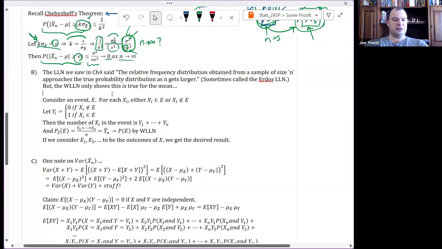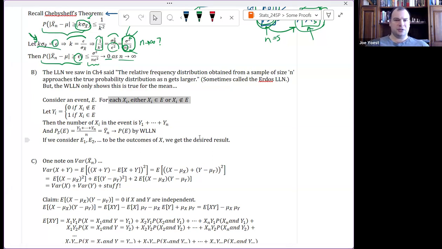So why is it sufficient to prove this for the mean in order to conclude the statement for the distributions as a whole, for the total frequency distribution? Well, let's look at this. Let's consider an event E. For each outcome in our sample, for each xi, regardless of how we define the event, either xi is in the event or it's not in the event.